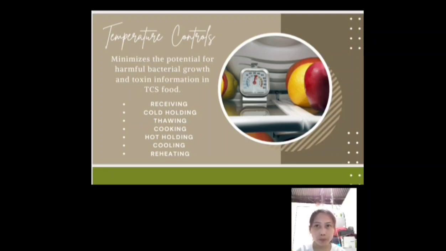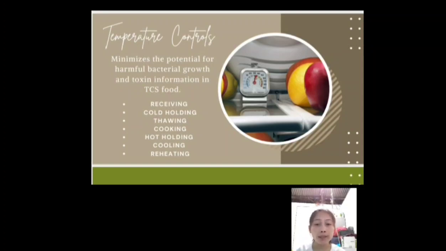So if ever inyong meat kay frozen na, dapat butangan ang meat og tubig aron ma-defrost siya or muhumok siya para makaluto na sa specified food.